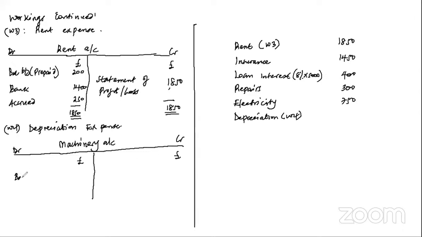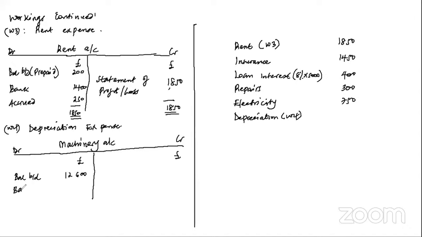I'll start with the debit balance of 12,600. That is our opening balance.